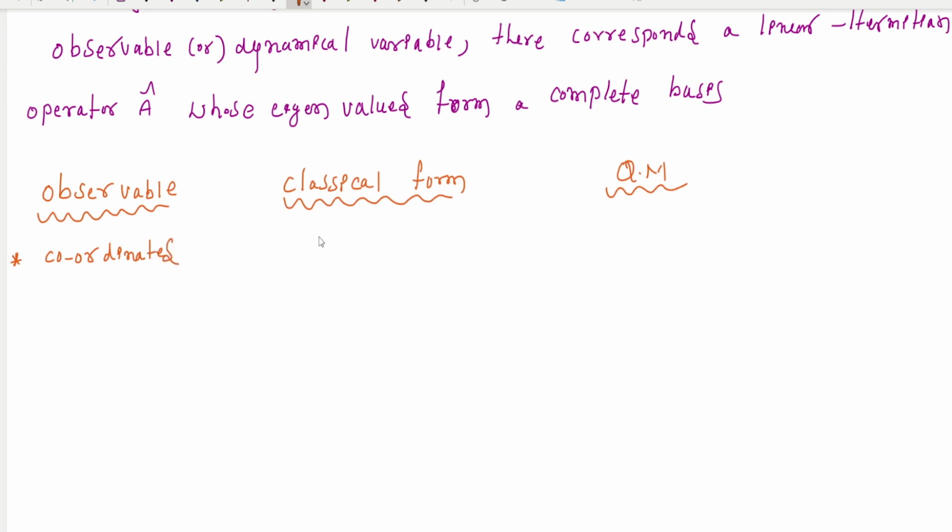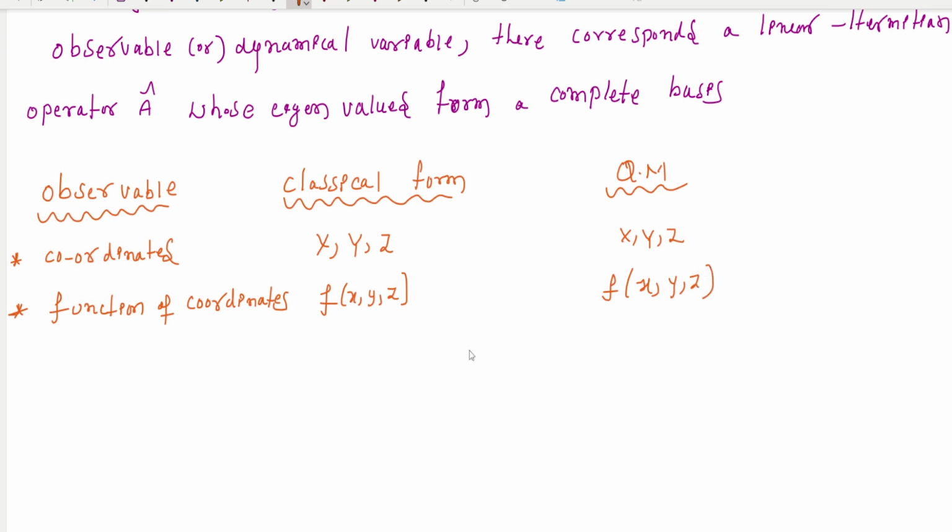Generally, in classical mechanics coordinates are designated by x, y, z. In quantum mechanics also x, y, z. Function of coordinates: a set of functions are there. For example, f of x, y, z. Here also functions of coordinates are designated by f of x, y, z.